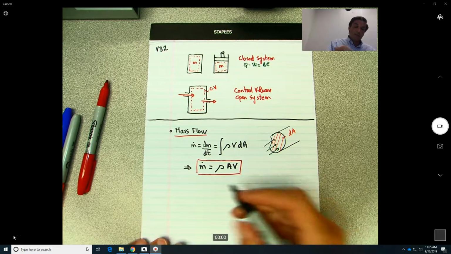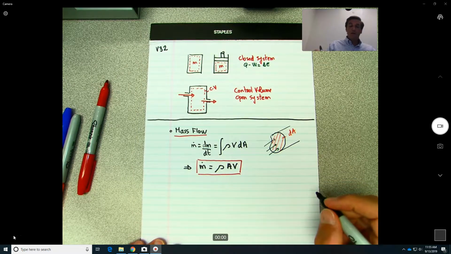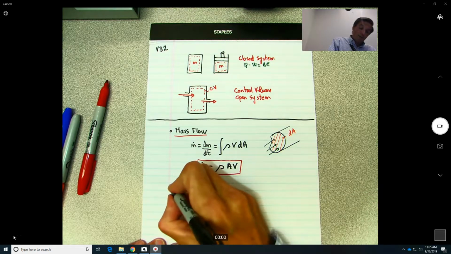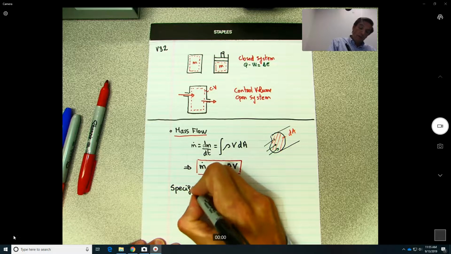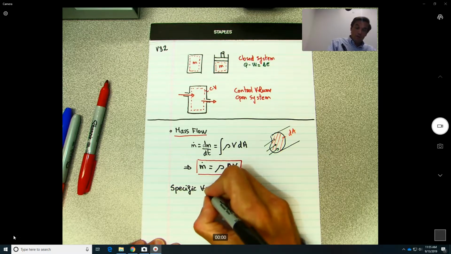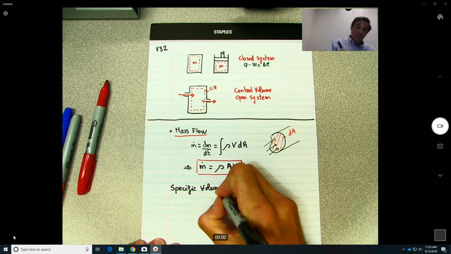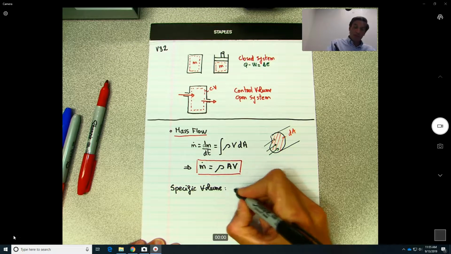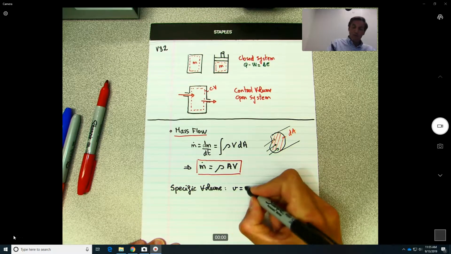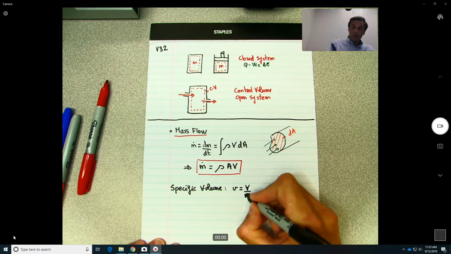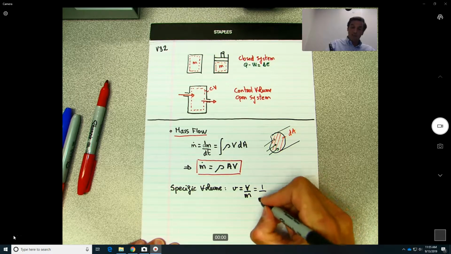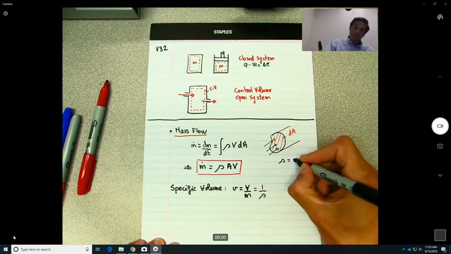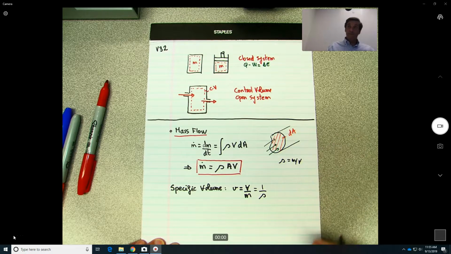However, in thermodynamics, because of the definition that we have of the specific volume, so if you remember the specific volume, anything that has specific means per unit mass. So the specific volume is basically the volume per unit mass, and if you notice, this is just the opposite of the density, because the density is mass over volume.